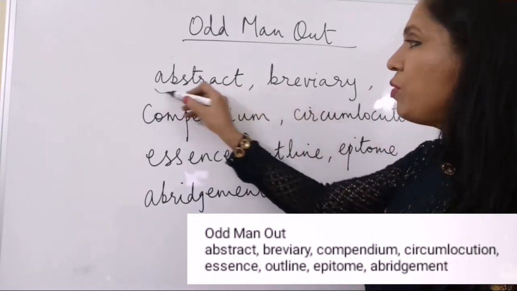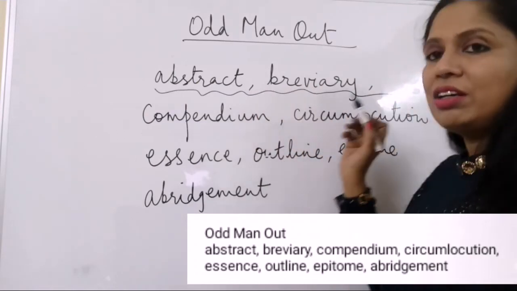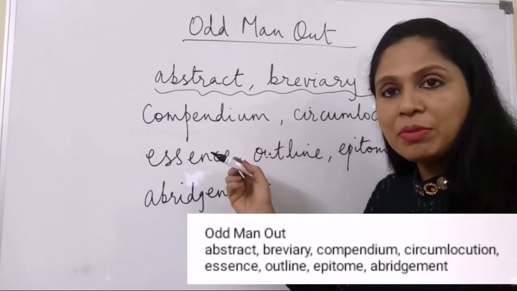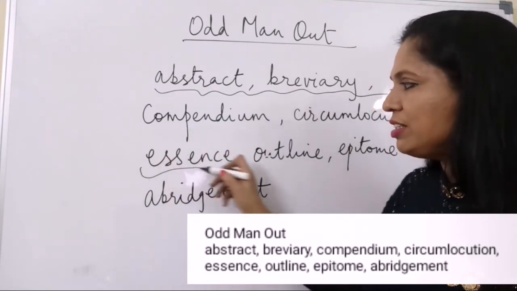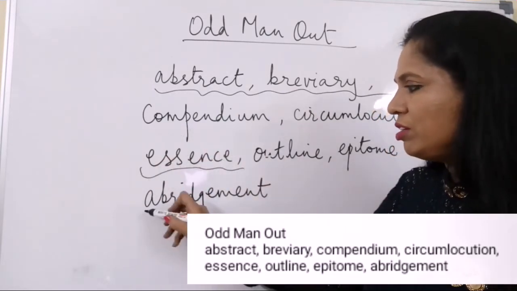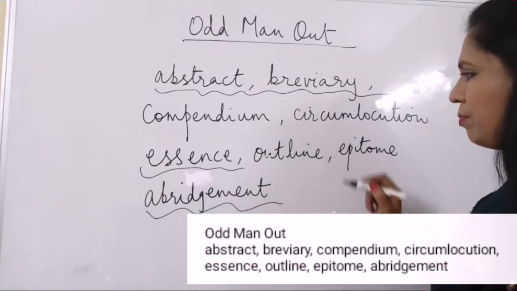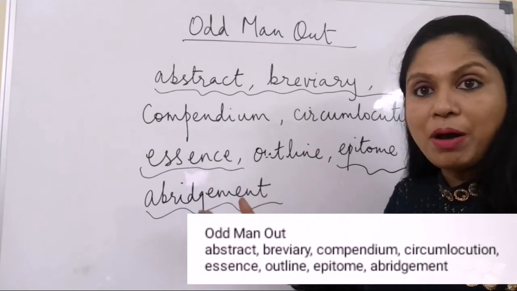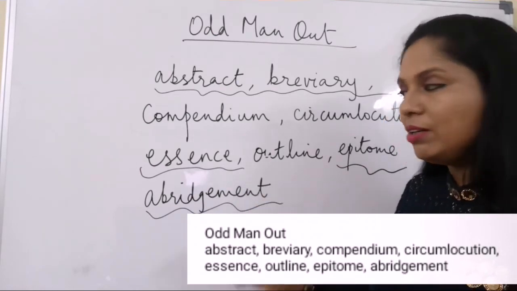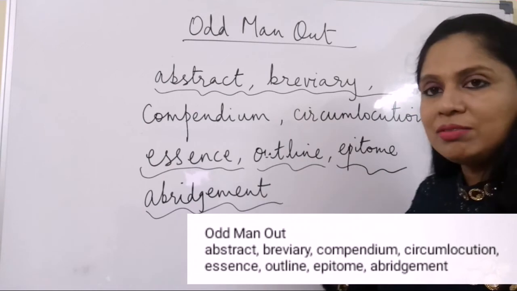So, abstract, breviary means a summary of. An abstract is a summary. Essence is also a summary. So is abridgment, and epitome is also the best part or the essence of something. So is an outline.